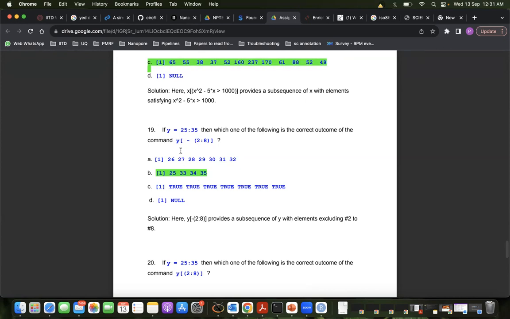This is not like the absolute thing. You're not putting a negative sign on the values. Here you're talking about the index itself, so you're removing these indices: -2, -3, up to -8.